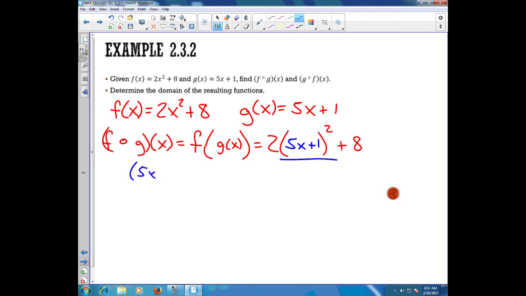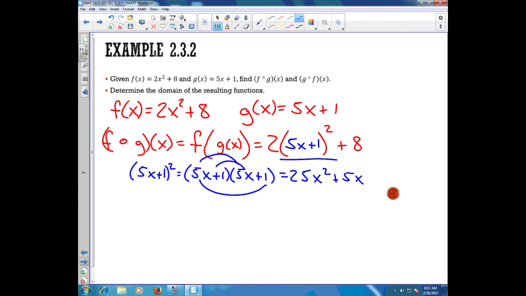So 5x plus 1 squared, 5x plus 1 times 5x plus 1. 5x times 5x is 25x squared, plus 5x, plus 5x, plus 1. And so we get 25x squared plus 10x plus 1. Okay, so that's equal to our squared term.